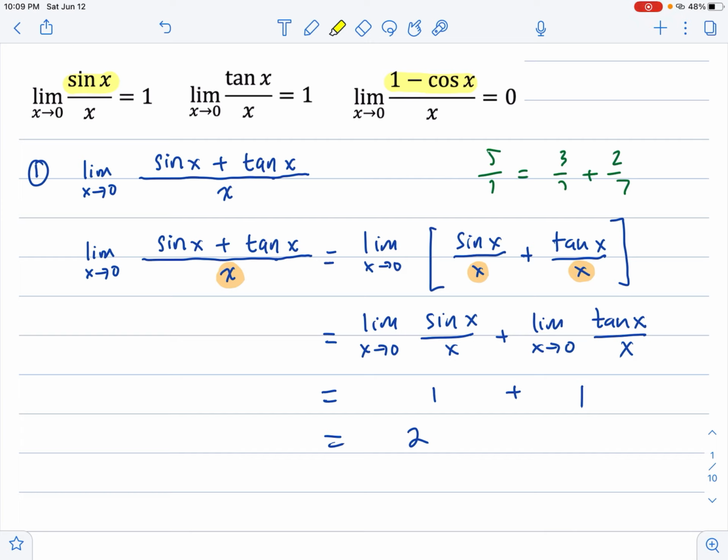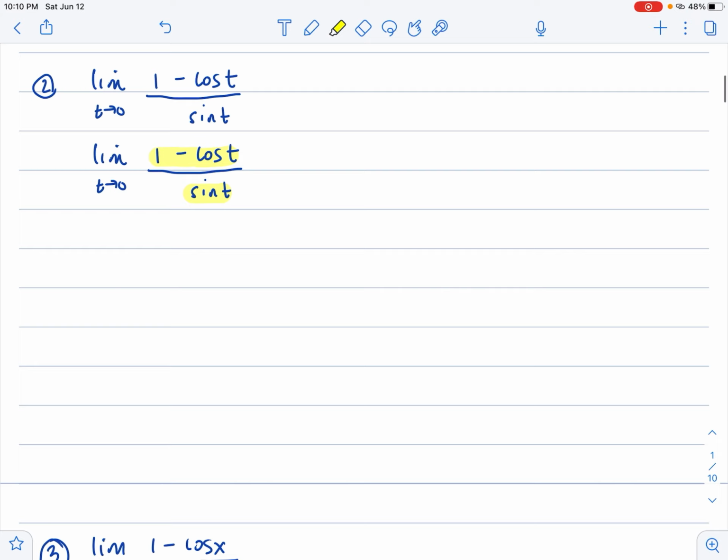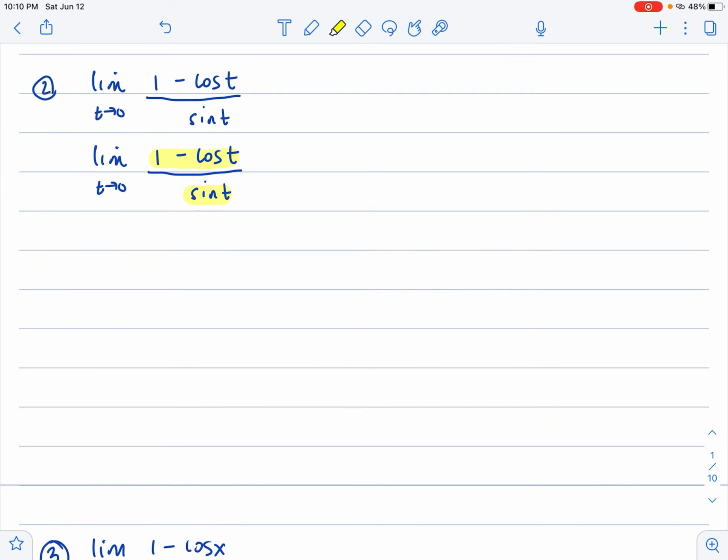Ang pagkakaiba lang syempre, meron silang denominator na x. And of course, yung isa din sa pagkakaiba nila ay yung dito sa mga equations na to, gumamit tayo ng x, pero dun sa given natin, sa number 2, gumamit tayo ng t.